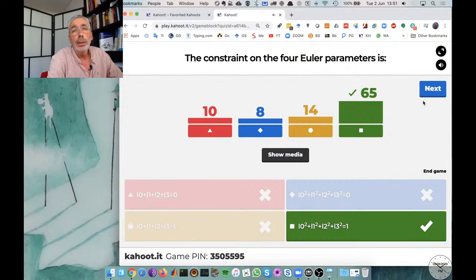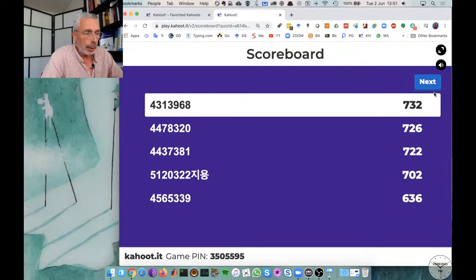Yeah, indeed. They should be a unit length, right? So the norm should be 1. Very good.